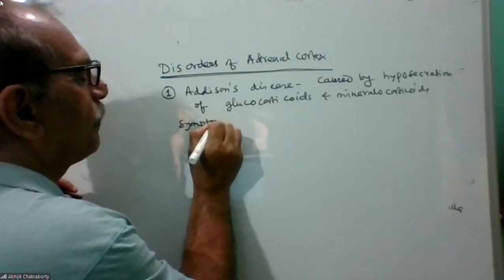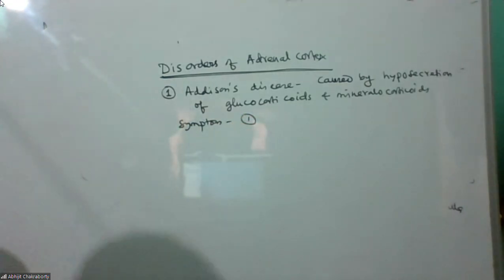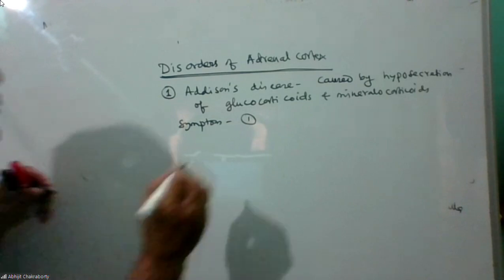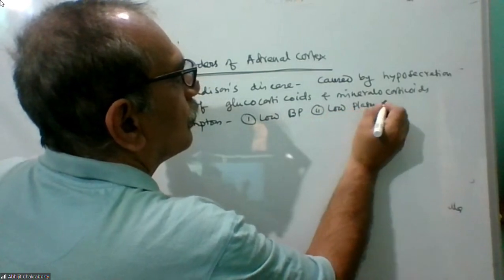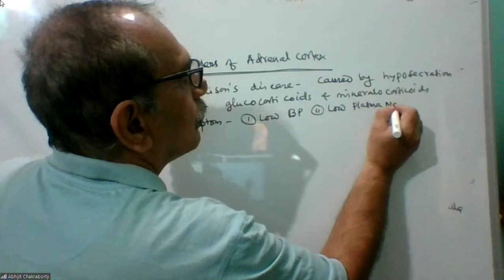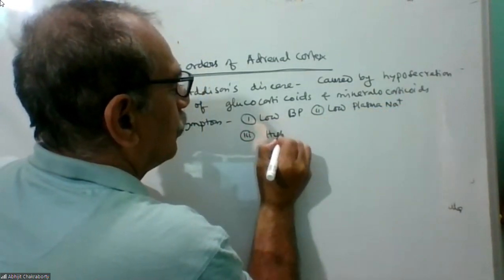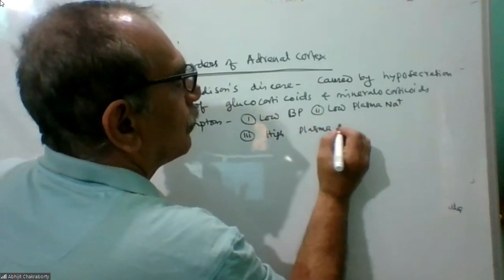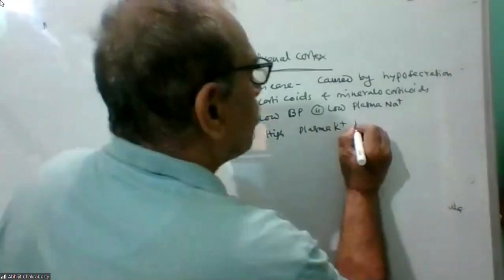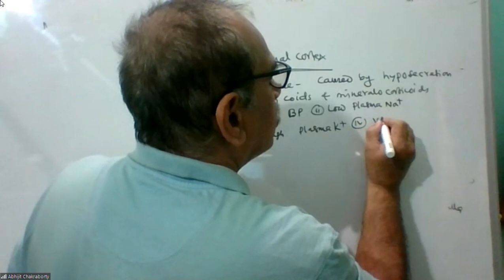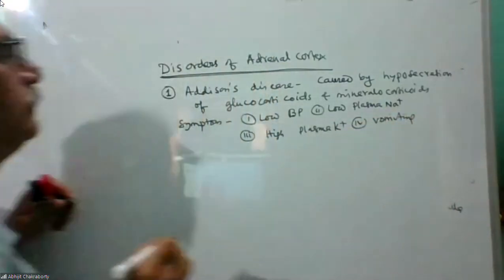Symptoms: low blood pressure, low BP, low plasma sodium, and obviously high plasma potassium, nausea, vomiting, etc.